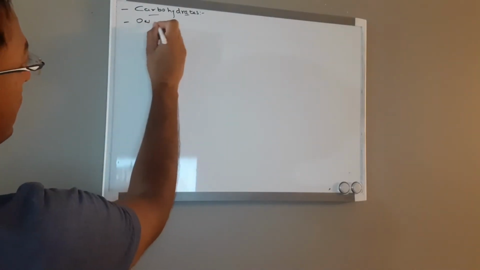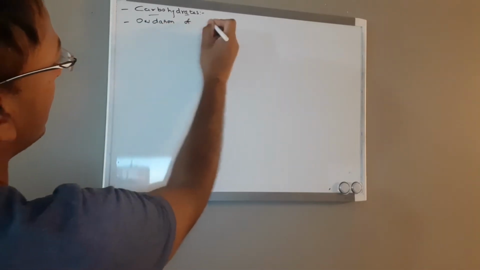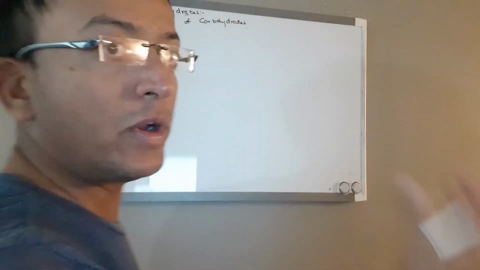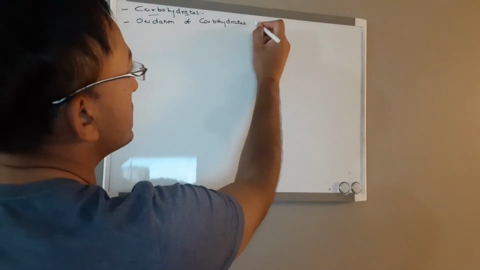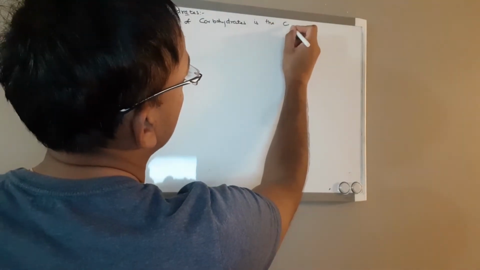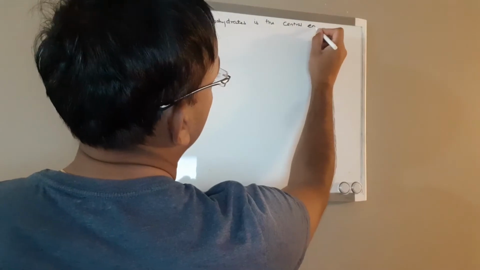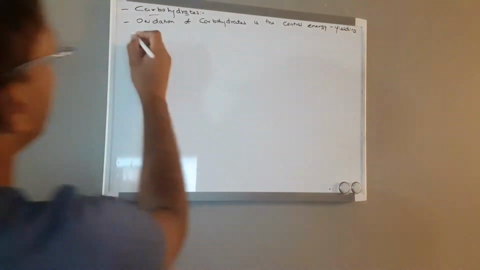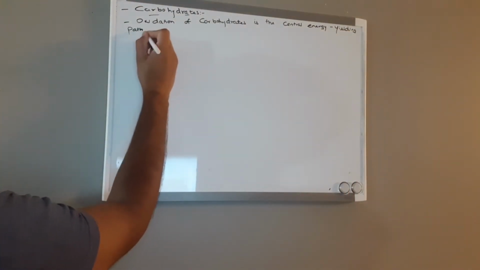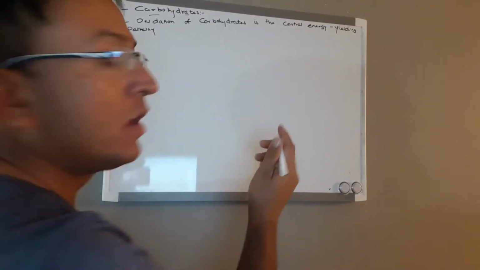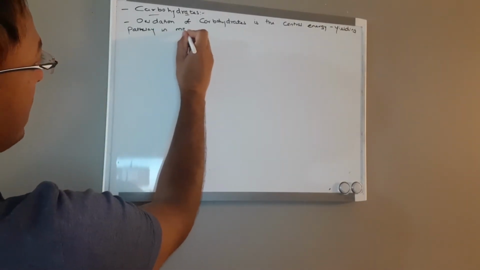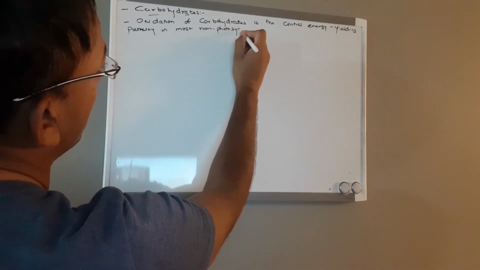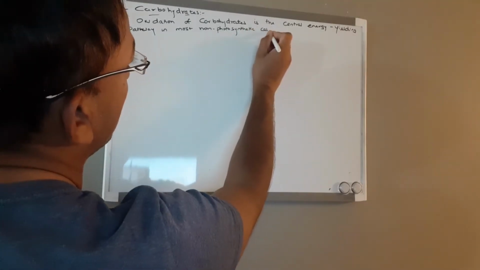So the oxidation of carbohydrates is the central energy yielding pathway in most non-photosynthetic cells.